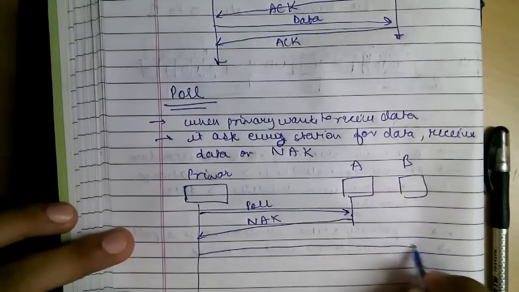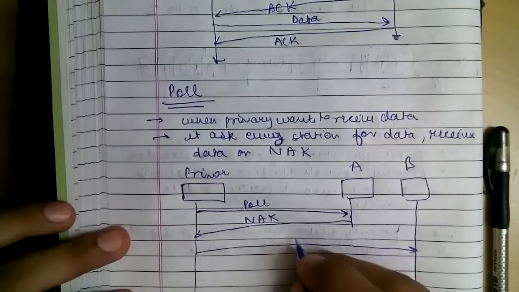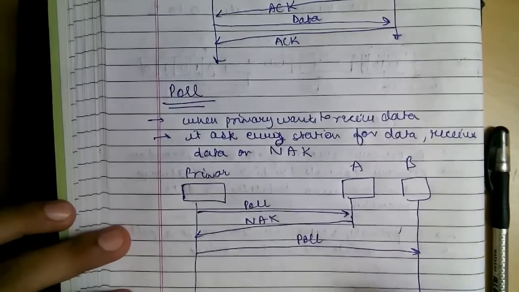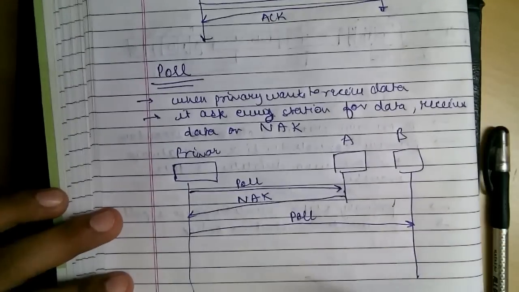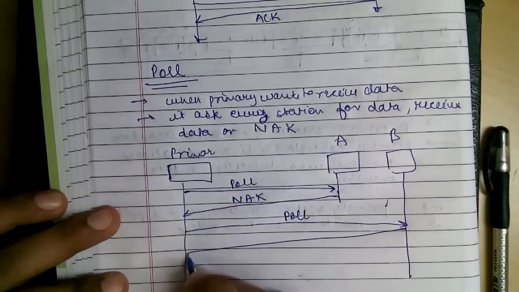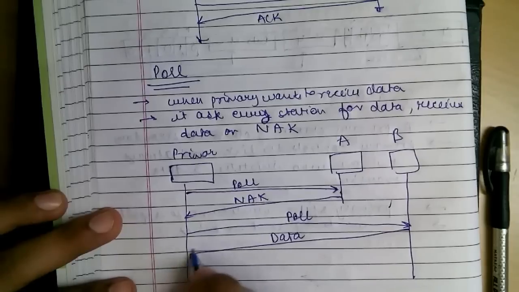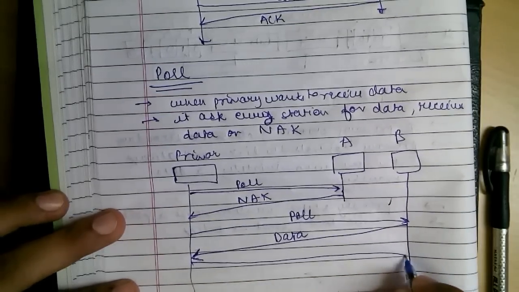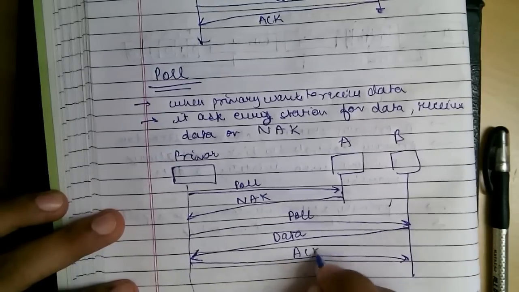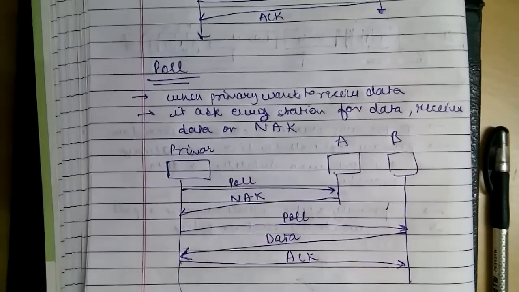Then it asks the next station the same thing, and this one has some data to send, so it replies directly with the data, and when the data is received successfully, the primary replies with acknowledgement. So that's how poll works. So this was the second method, polling.